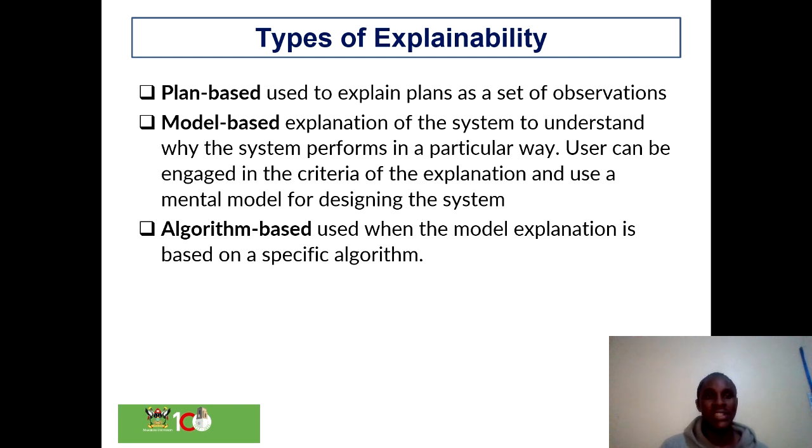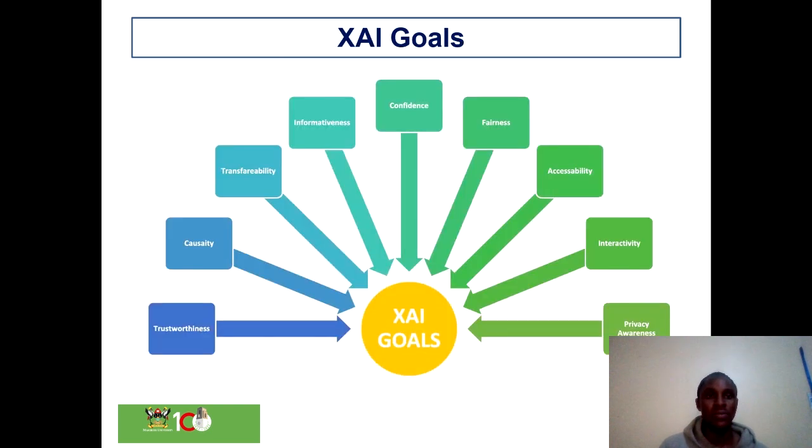And then there is model-based explanations, which involves understanding why a system performs in a particular way, and this involves a lot of engagement from the user, and to some extent involves a mental model for designing the system. So it involves a bit of cognition from the user. And then there is algorithm-based explainability, where you have a specific algorithm being utilized to explain your model.